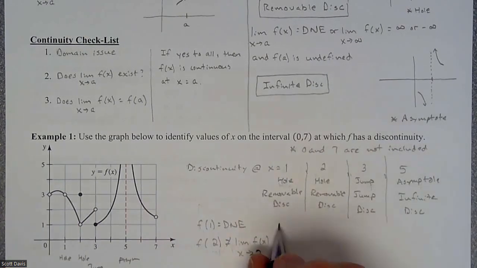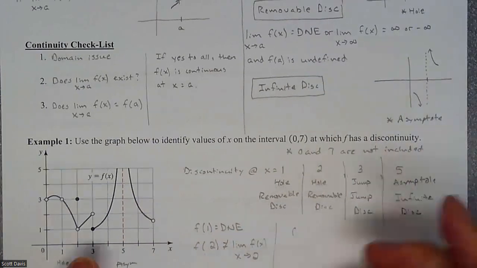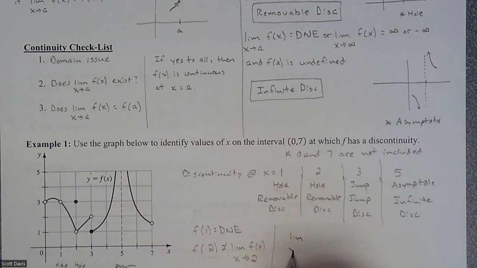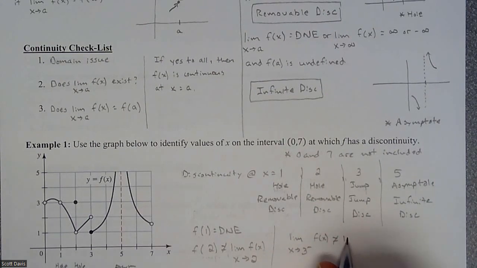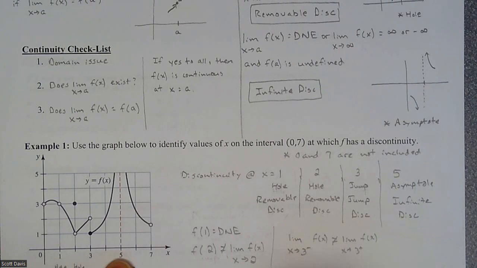At 3, the limit doesn't exist: the limit as x approaches 3 on the left does not line up with the limit as x approaches 3 on the right. And at 5, f of 5 does not exist.